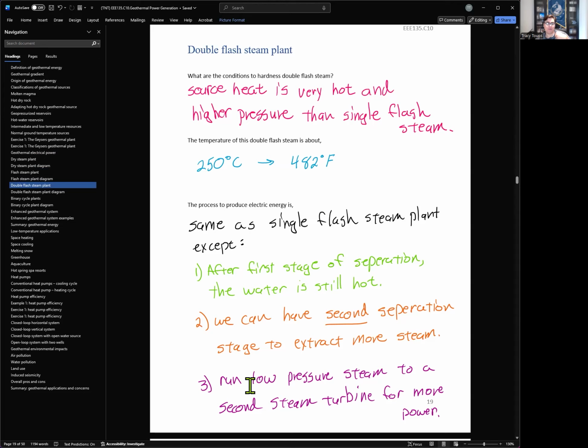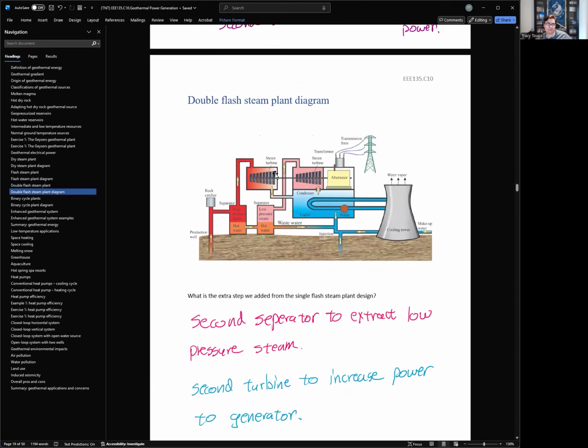Then we run that secondary steam into a separate low pressure steam turbine, which is built differently to run a second generator or in tandem with the main generator. Basically, you have two steam turbines on the same shaft of the generator to produce more power. Think about it this way: the steam is so hot, we can use it twice. That's what the double stands for.